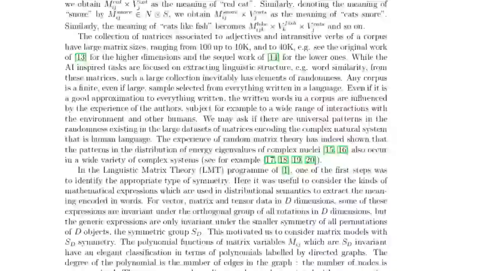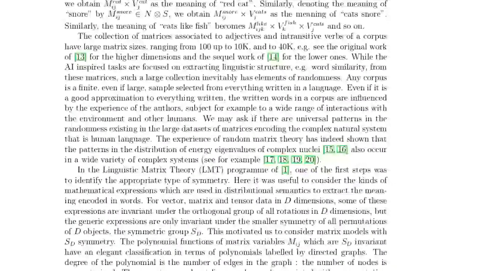Okay, so the collection of matrices associated to adjectives and intransitive verbs of a corpus have large matrix sizes ranging from 100 up to 10,000 and to 40,000, e.g. to the original work of 13 for the higher dimensions and the sequel work of 14 for the lower ones. While the AI-inspired tasks are focused on extracting linguistic structure, e.g. word similarity from these matrices, such a large collection inevitably has elements of randomness.